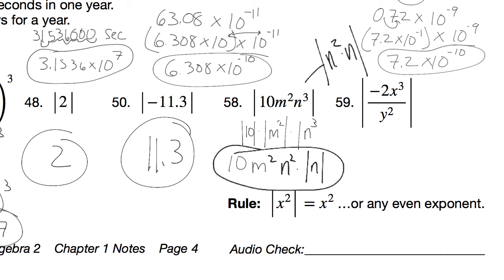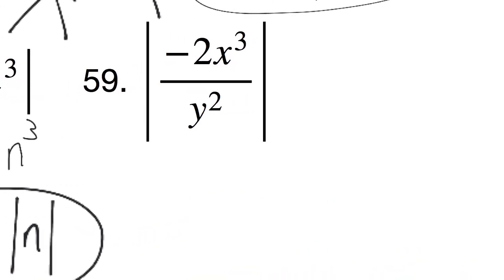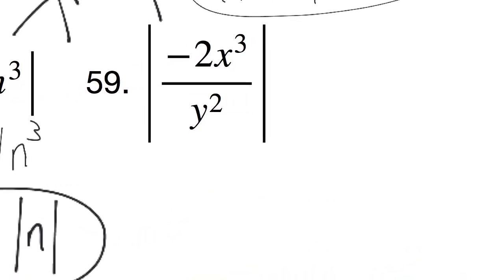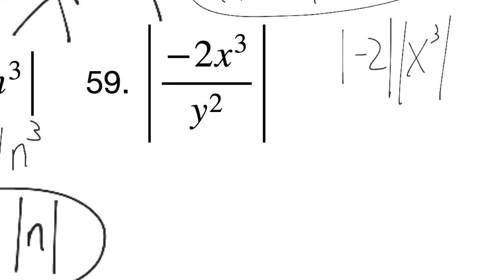Didn't see that? I'll do it one more time over here with the next problem. This is going to be the absolute value of -2 times the absolute value of x to the third, all divided by the absolute value of y squared. Well, the absolute value of -2 is just 2.